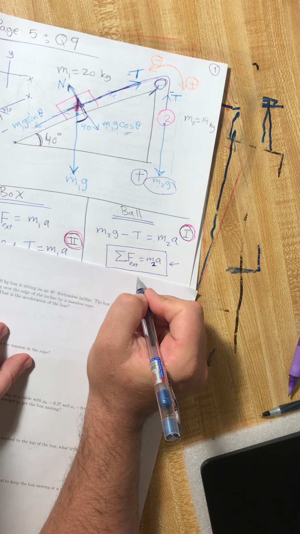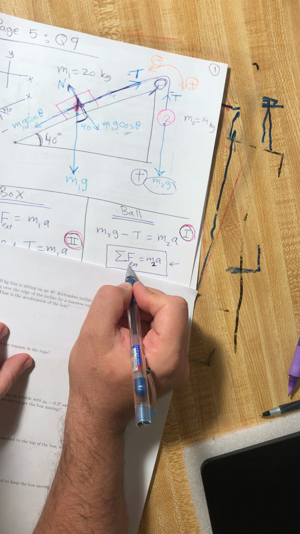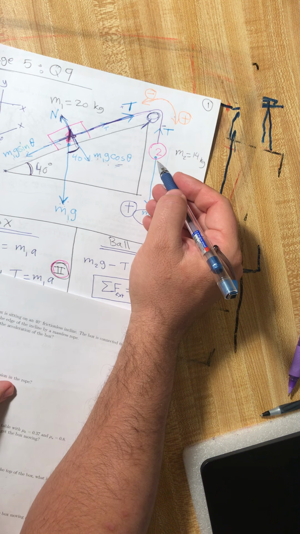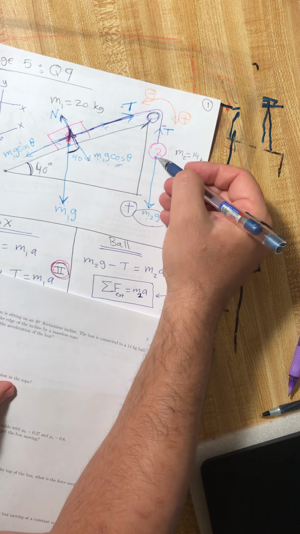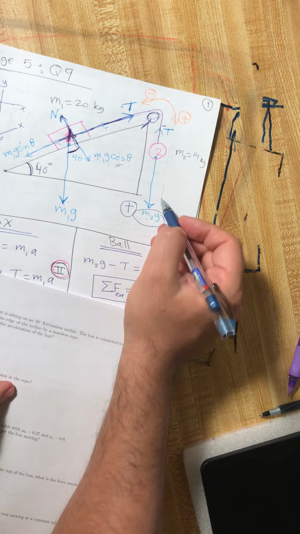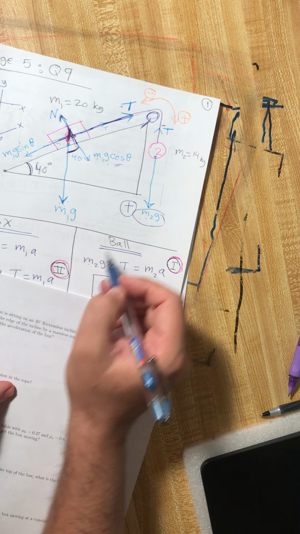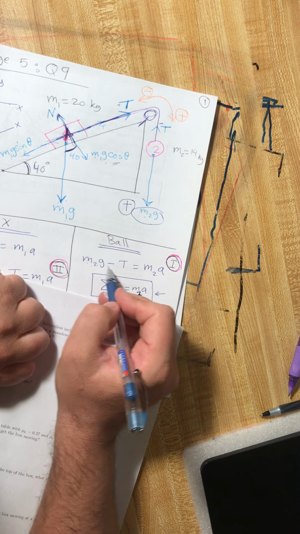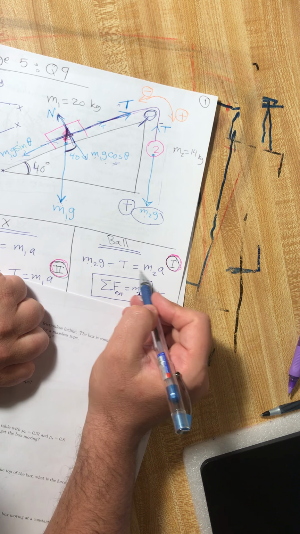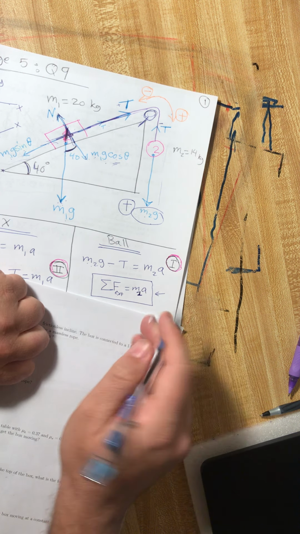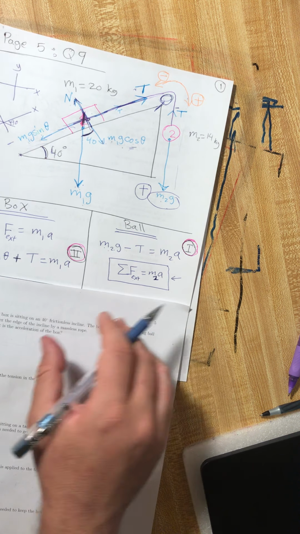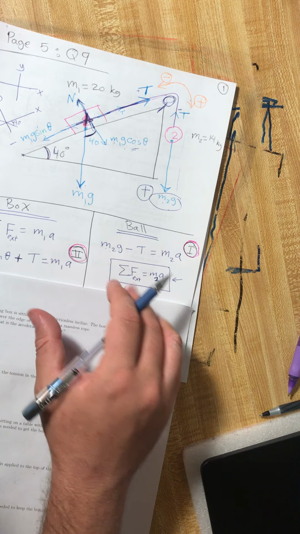What are the external forces acting on the ball? It is the weight with positive direction and the tension with negative direction. So the weight minus the tension is equal to m2 multiplied by a.